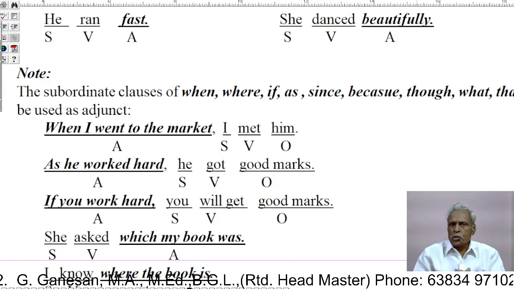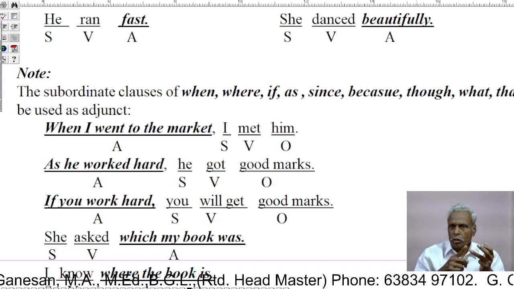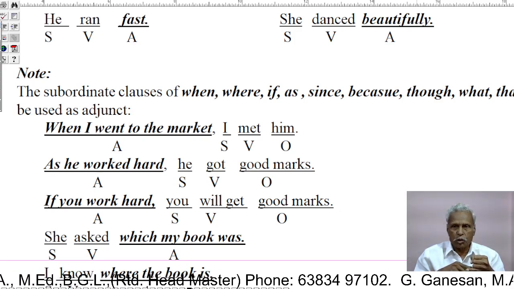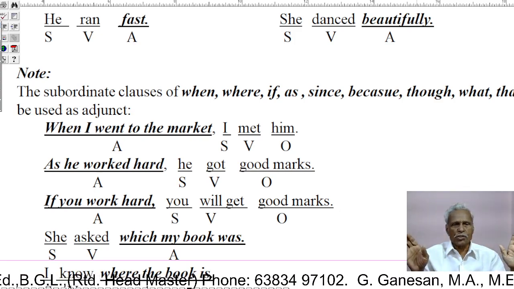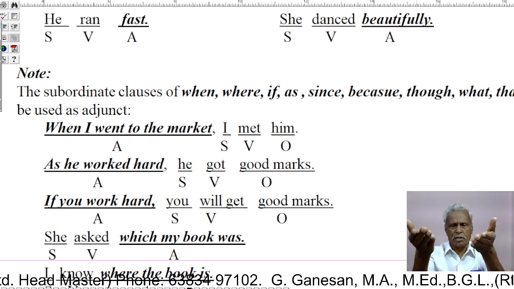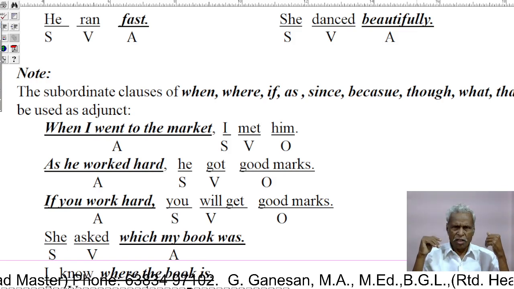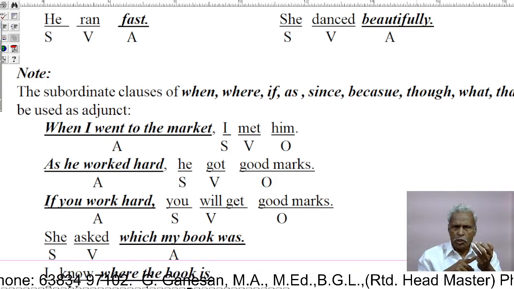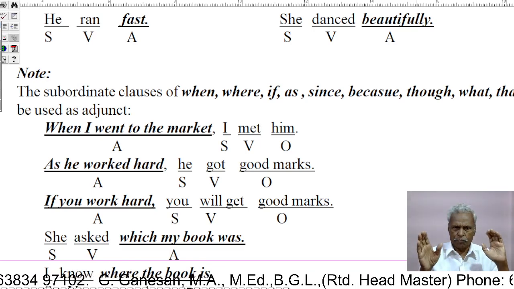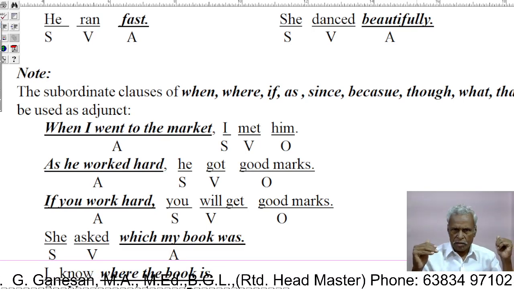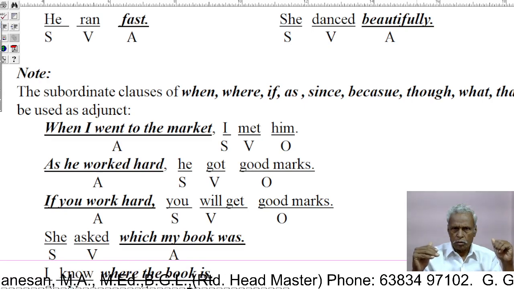Note: subordinate clauses of when, why, if, as, since, because, though, what, that can be used as adjunct. The subordinate clauses of these conjunctions are used as adjunct. Let us see the first one. When I went to the market, I met him. When I went to the market is the adjunct. As he worked hard, he got good marks.